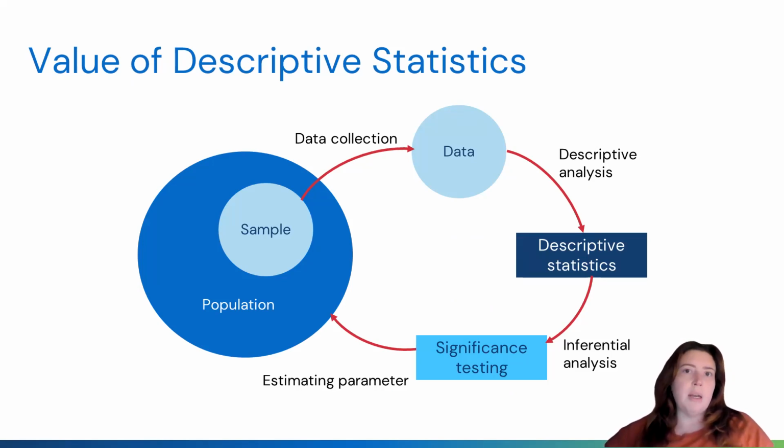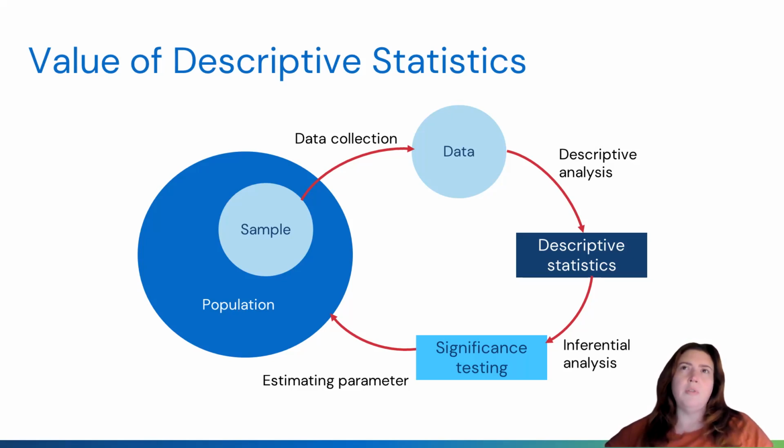You do a systematic data collection process that has some very strict standards, and then you have a data set. That data set then needs to be described and analyzed. You apply descriptive analysis to it, and then you conduct inferential analysis and significance testing. You can then come up with estimating parameters, which allow you to draw inferences or conclusions about the population.